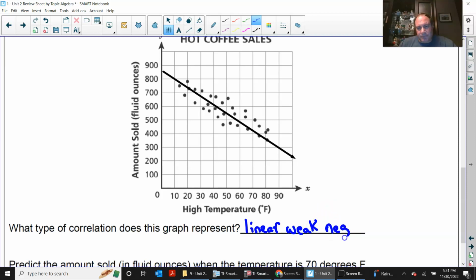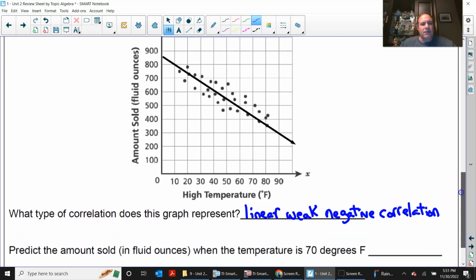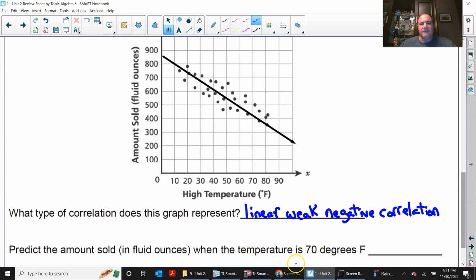Negative correlation. I think the big thing there is that you know that it's a negative correlation more than anything else. And it's definitely linear.